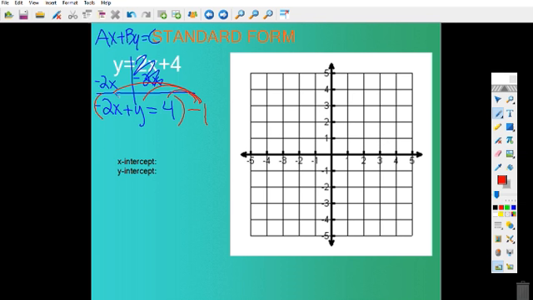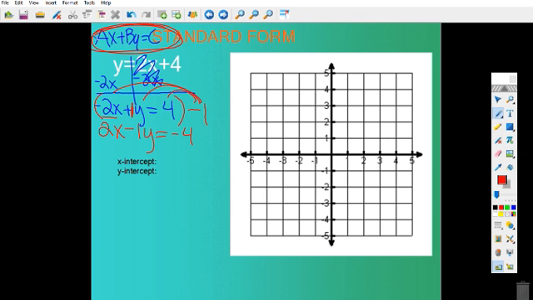So, if I start over here, -1 times -2 is positive 2x. -1 times y. Remember, there's a 1 out front. We would get -1y equals -4. Okay? So, now I have it in the correct form. It looks like this. Okay?